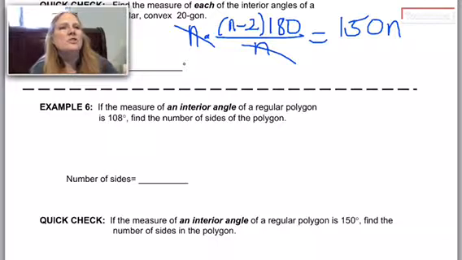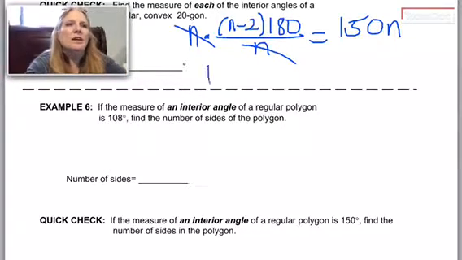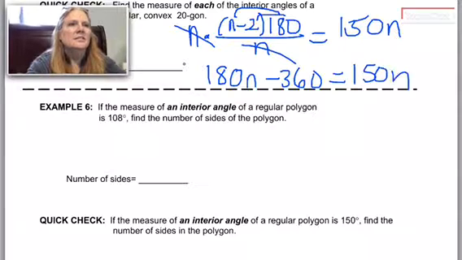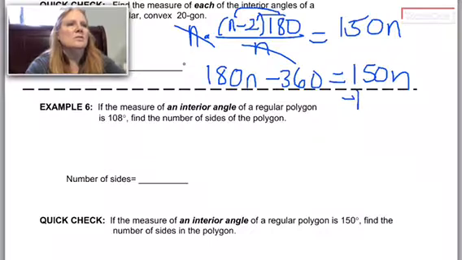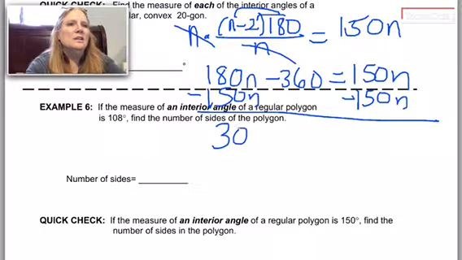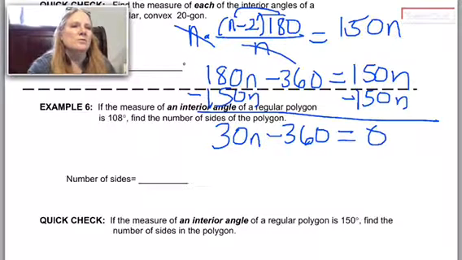Now I'm going to distribute that 180 through the parentheses. If you want to turn it around, you can, but each and every time you do this, you're going to end up with 180n minus 360 is equal to 150n. Now I'm going to subtract 150n from both sides, and I'm left with 30n minus 360 equals 0.